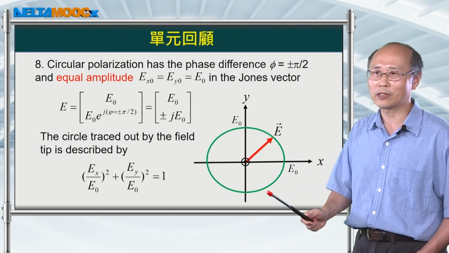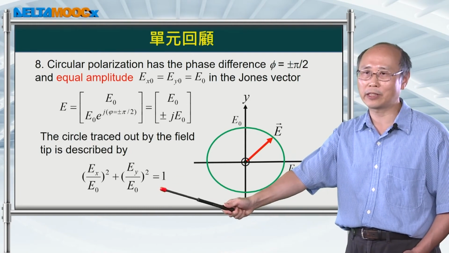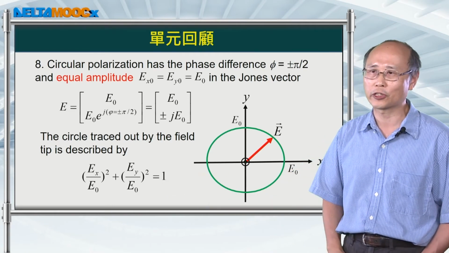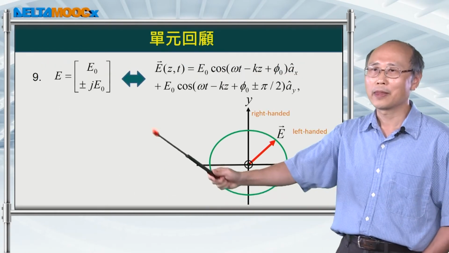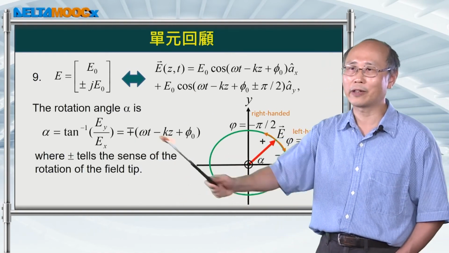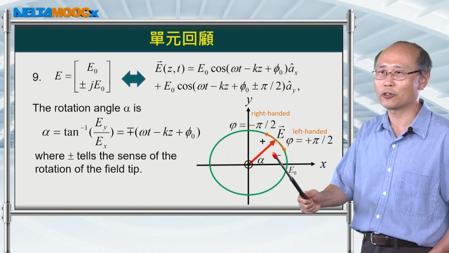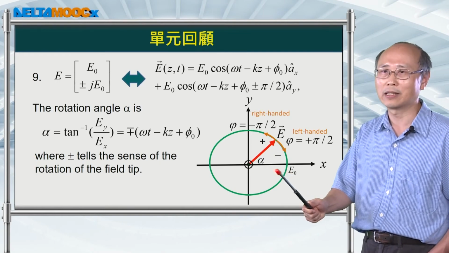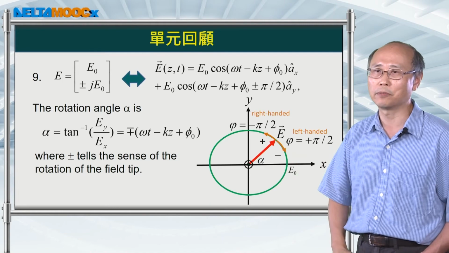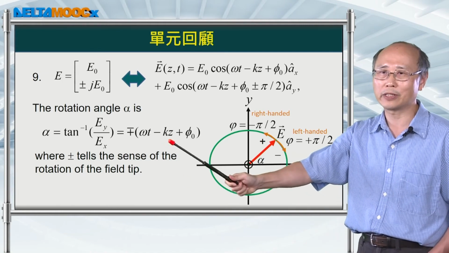And this circle is described by this expression, and this is the well-known expression for a circle. Also, you can calculate the angle between the electric field and the x-axis by taking the ratio of this y component to the x component, and you come up with this expression.